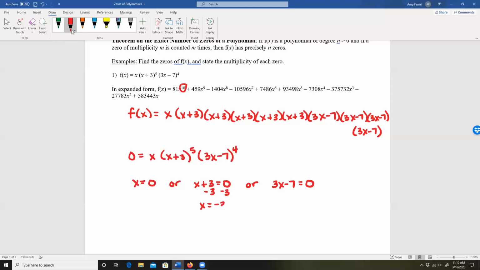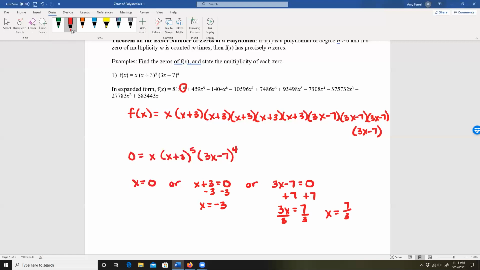So I'm going to get x equals -3 no matter how many times I set x plus 3 to 0. So I only need to set it to 0 one time. And then over here, I'm going to get 3x equals 7, so x equals 7/3. So I'm getting 3 zeros.